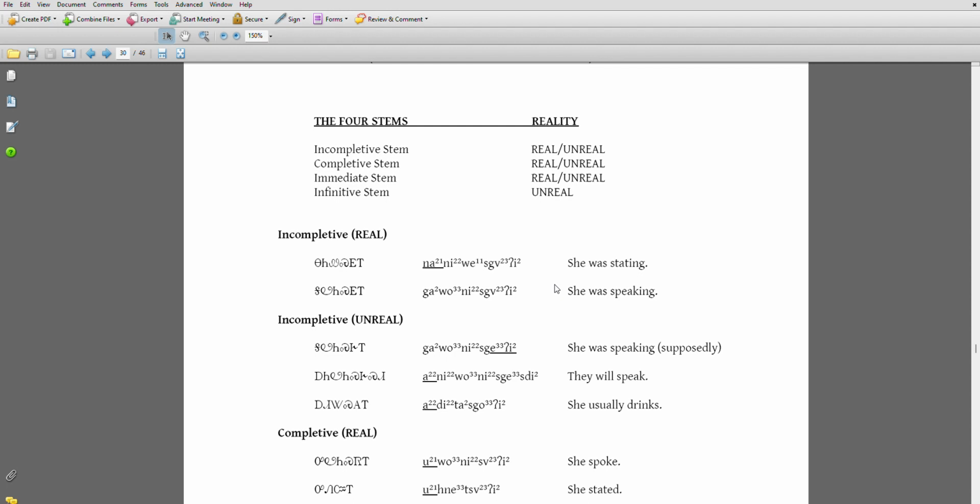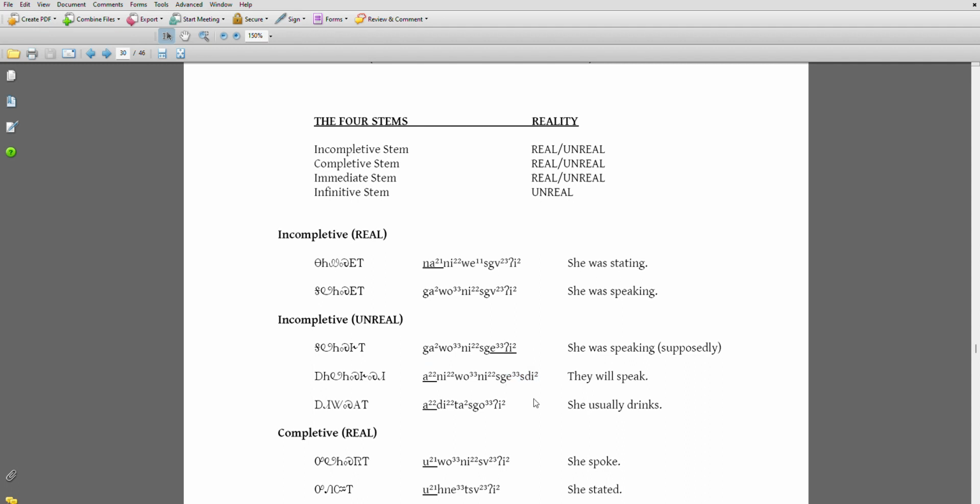It is classified as unreal simply by adding the supposed tense suffix. Aniwani skesti, they will speak. That is unreal. So the pronoun takes an unreal tone sequence simply by adding the progressive future suffix. So anything in the future is unreal because we cannot dictate the future.